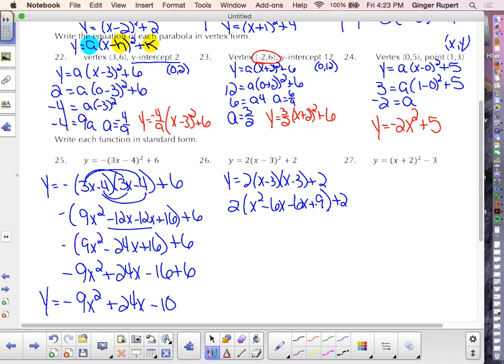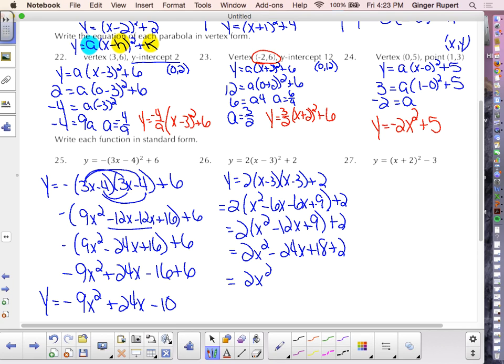Remember, you're saving that plus 2 for the end. Combine like terms. So you have x squared minus 12x plus 9 plus 2. So that's going to give me 2x squared minus 24x plus 18 plus 2. So I should have 2x squared minus 24x plus 20.